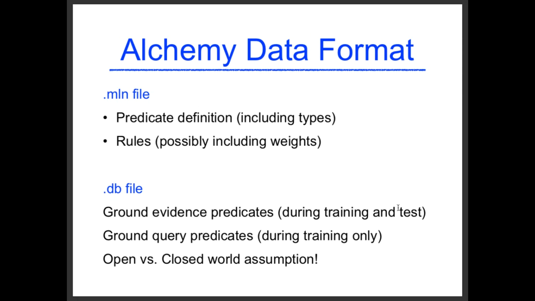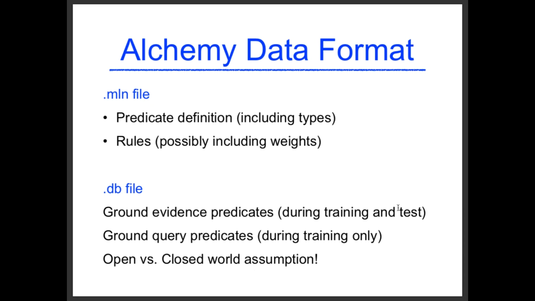One is called the MLN file, which is the template of your Markov logic network, and one is the database file, which contains the facts, basically. Okay, so in the MLN, you have the definition of the predicates, which include the types, and the rules, possibly including the weights.